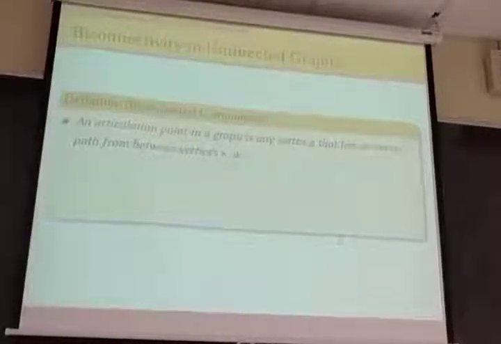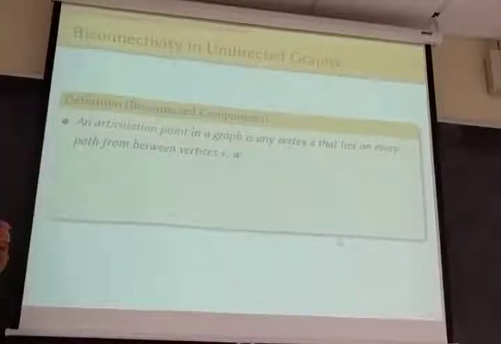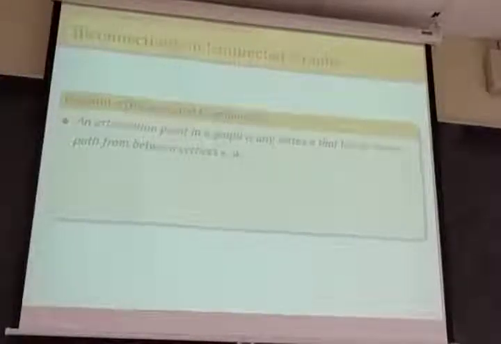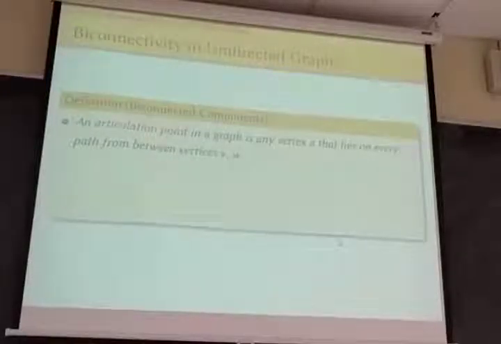We said that DFS can be used to find connected components, but let's try to do something a bit more interesting. We will define a notion called biconnectivity in undirected graphs. What is biconnectivity? You say that a graph is biconnected if there are two distinct paths between any pair of vertices, right?